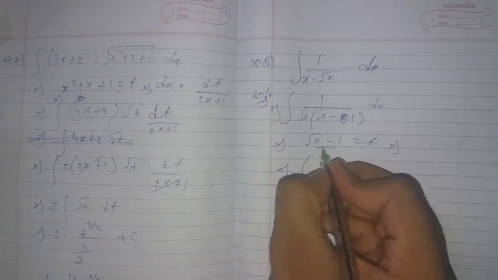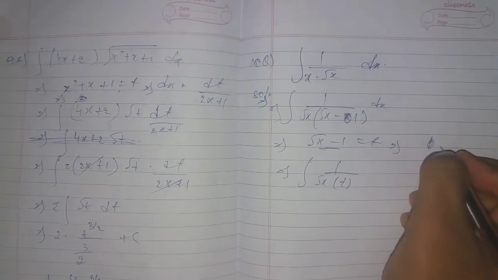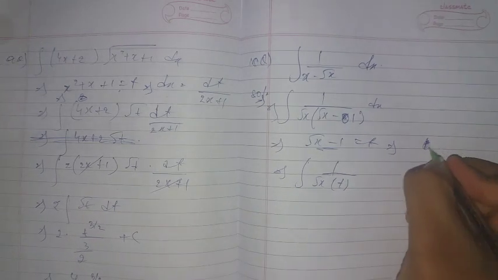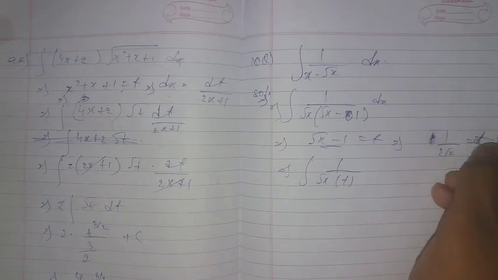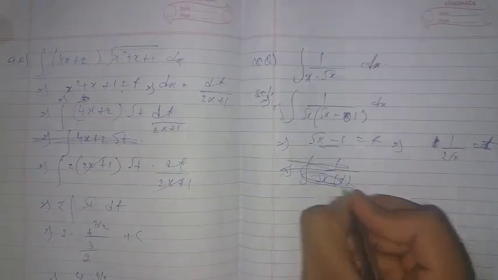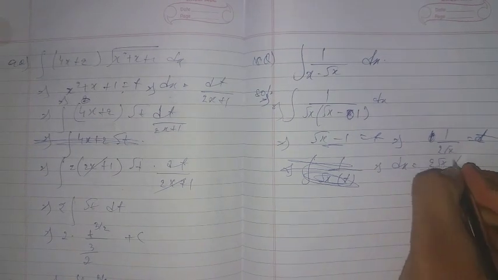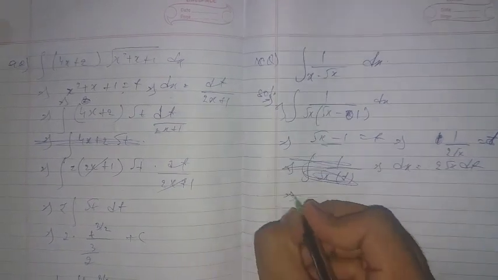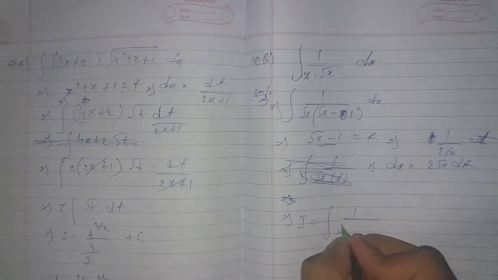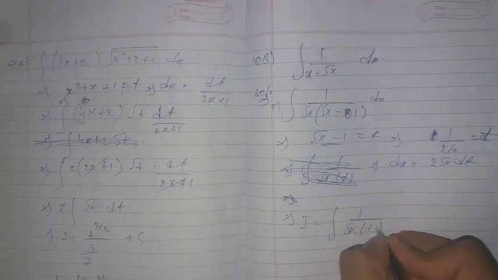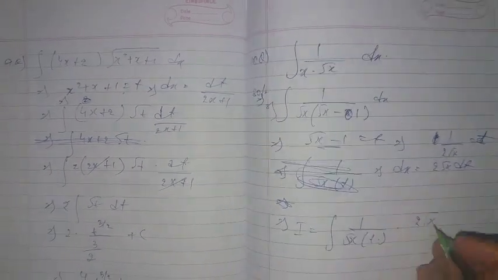When you differentiate this, you will get 1 by 2 root x equals to dt. So here dx is equals to 2 root x dt. So we need to substitute now. Here I is equals to integration 1 by root x into t into 2 root x dt.